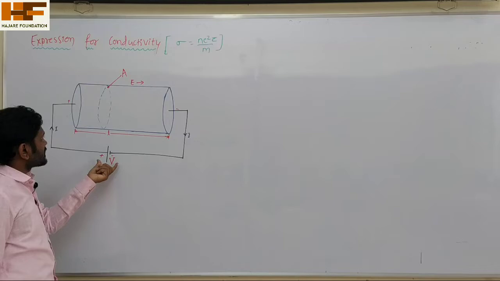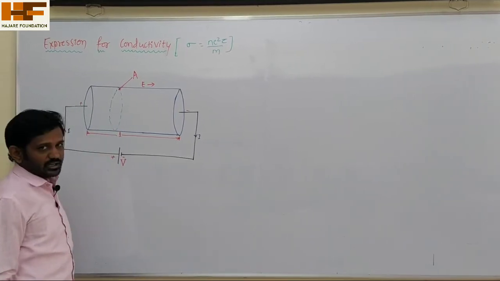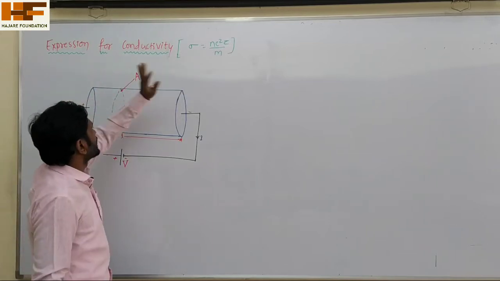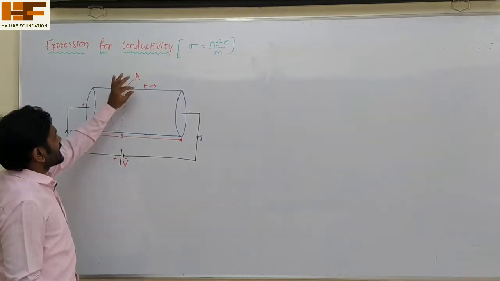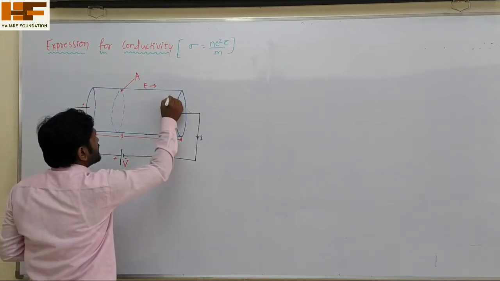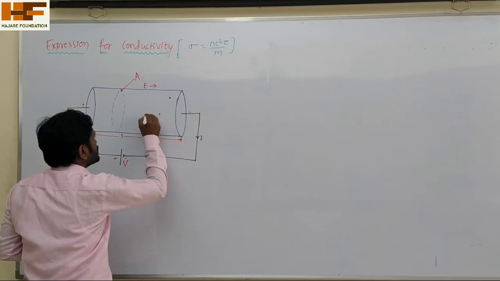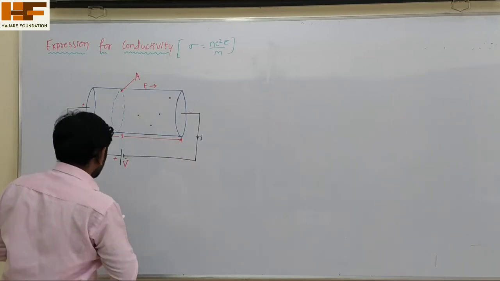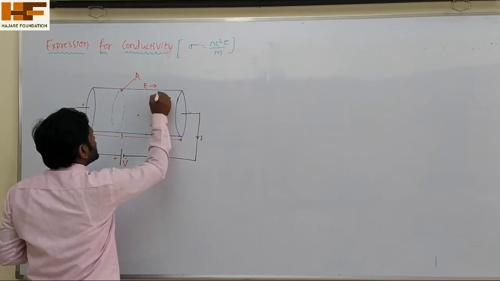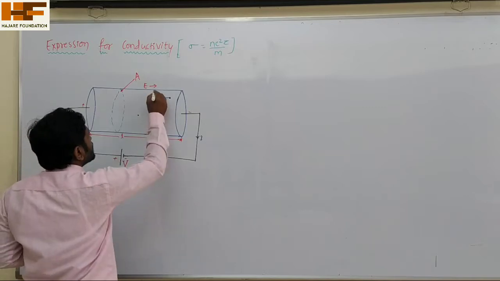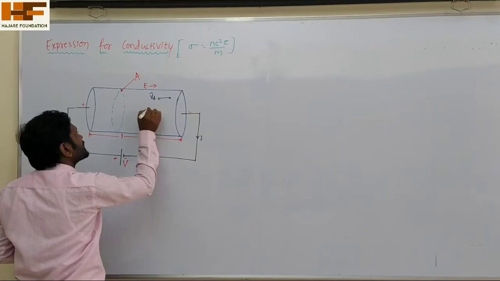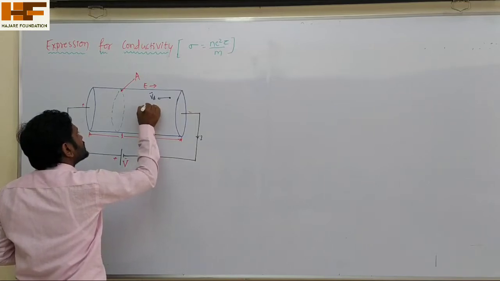When a potential difference is applied across the ends of the conductor, the electric field is set up in the direction of positive to negative. When an electric field is set up in this conductor, the electrons drift towards the positive end of this conductor with a velocity Vd, that is drift velocity.